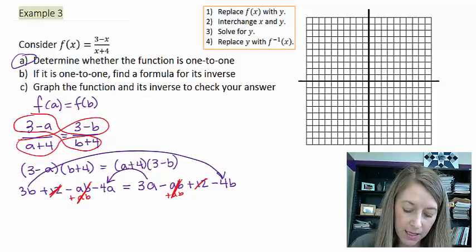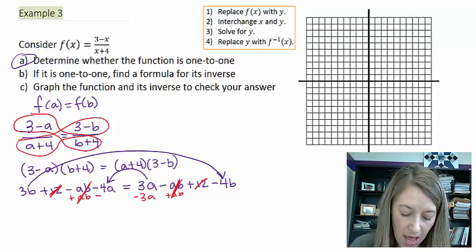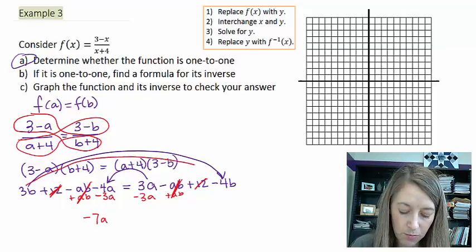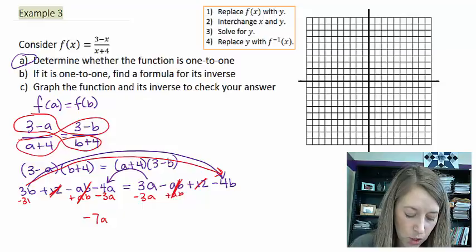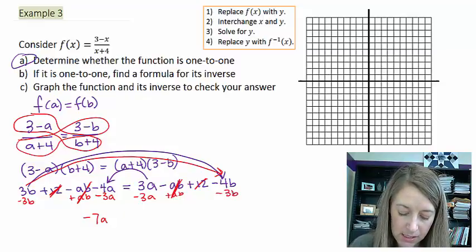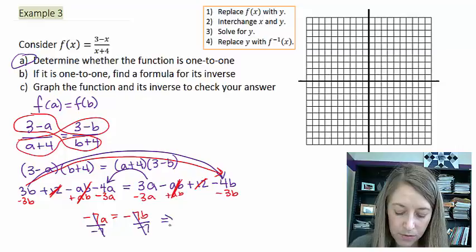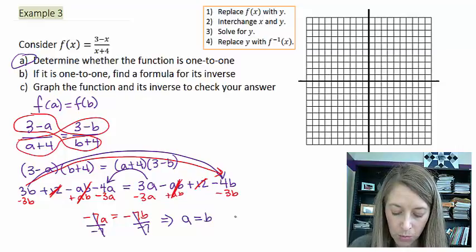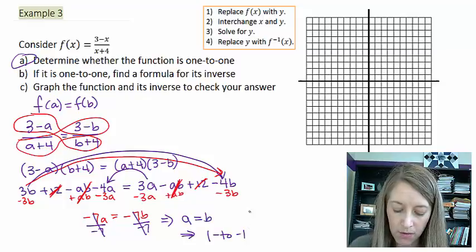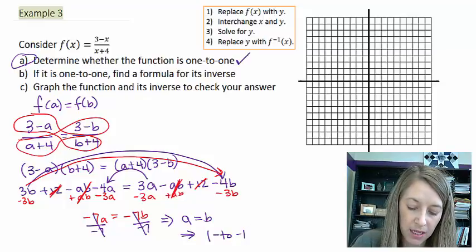So to move my a's to the left, I subtract 3a from both sides, gives me negative 7a. To move my b's to the right, I subtract 3b from both sides, and that gives me negative 7b. Of course, if I divide both of these by negative 7, that cancels out, and that proves to me that a is equal to b. So that proves to me that I have a one-to-one function. So part A is done.